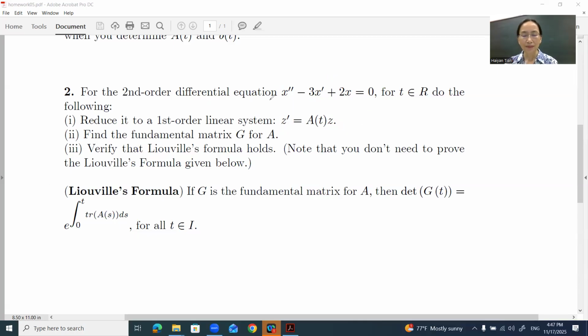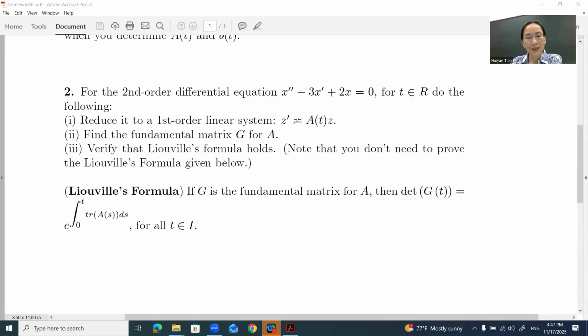So this is just the application of the technique we just discussed. So after you get the first order, then we have recently talked about the solutions or general solution for the linear system of first order.